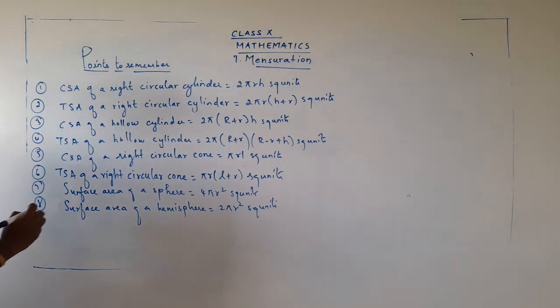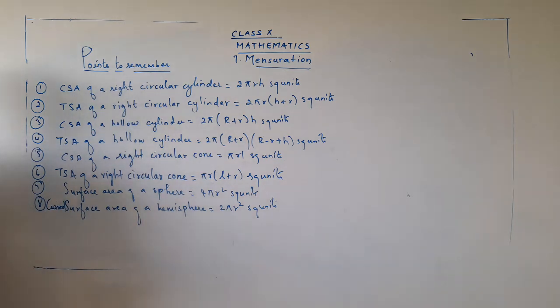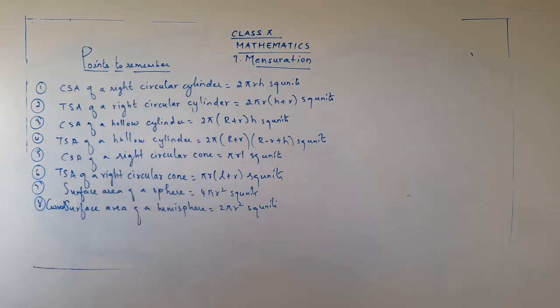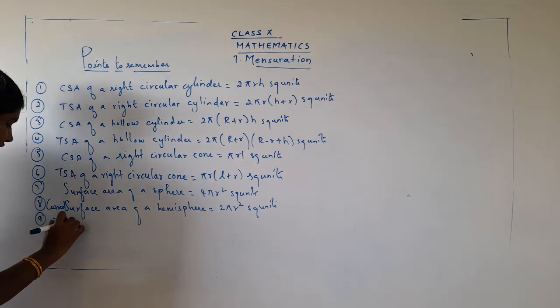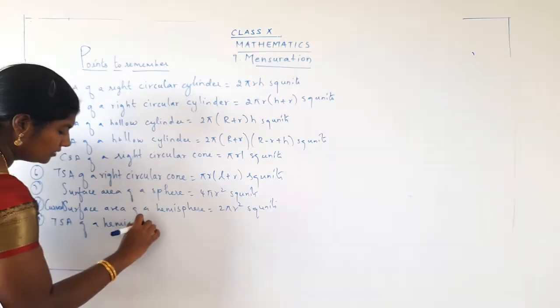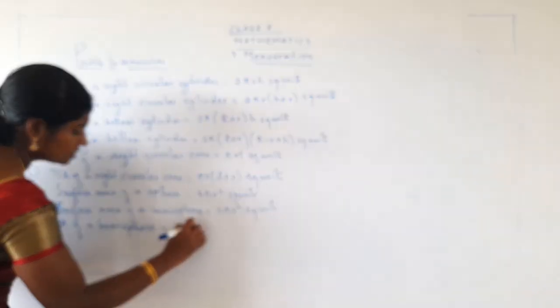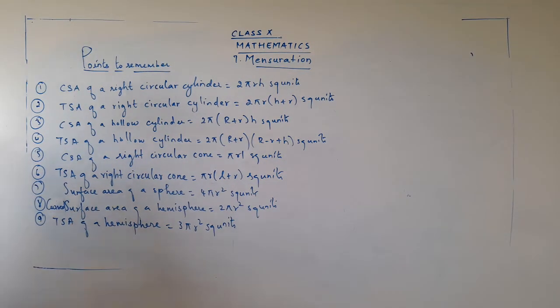Just mention your curved surface area of a hemisphere is 2 pi r square, and we have total surface area also for this. So TSA of a hemisphere is equal to 3 pi r square units.